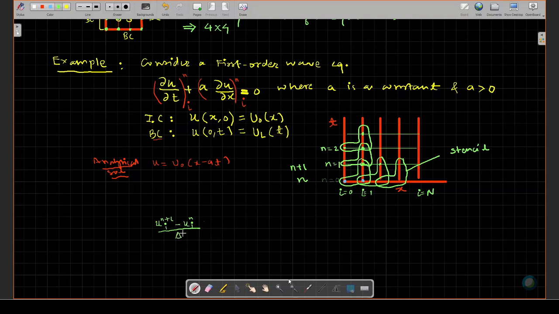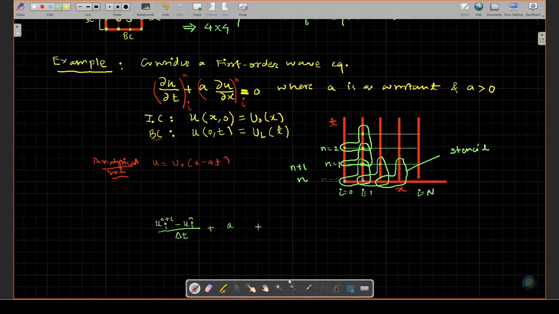Plus the second term: a is a constant, so it is taken out.